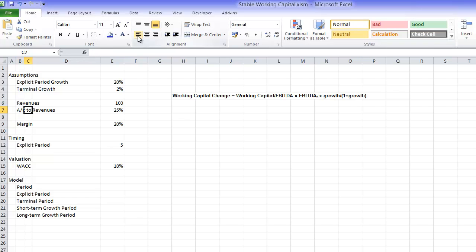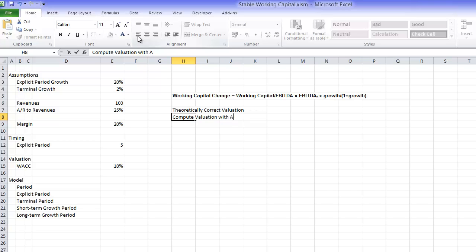The reason we put the long-term growth and the short-term growth is that we put a theoretically correct valuation.